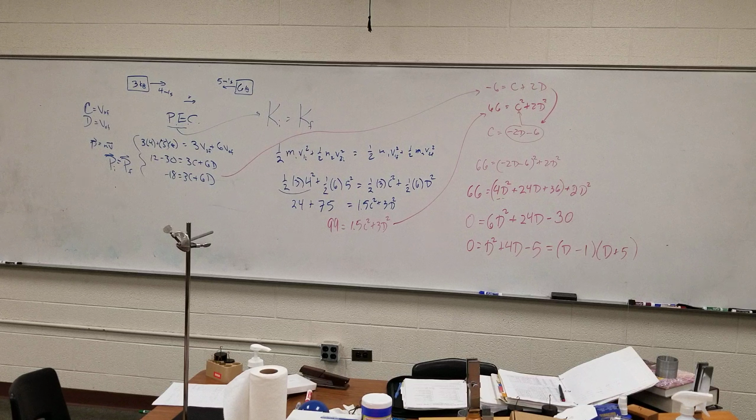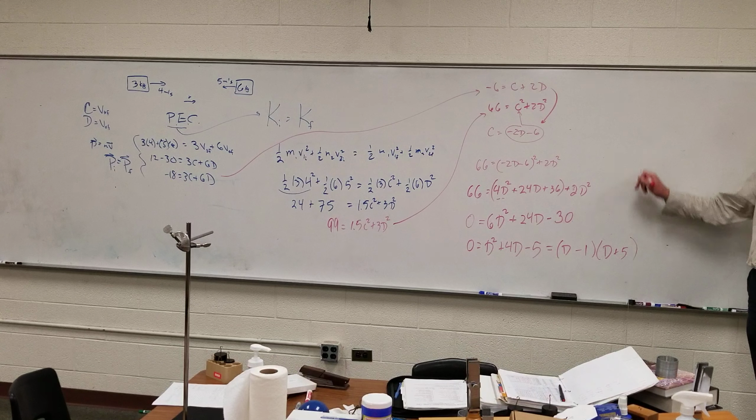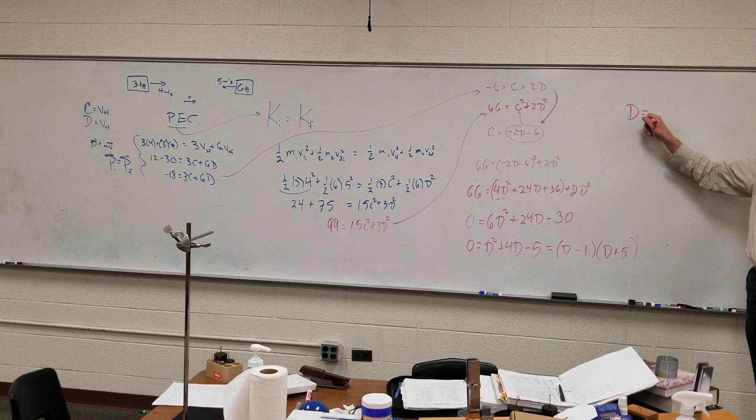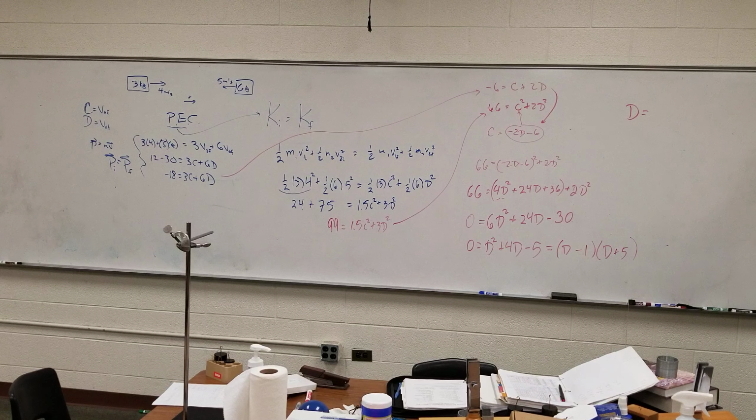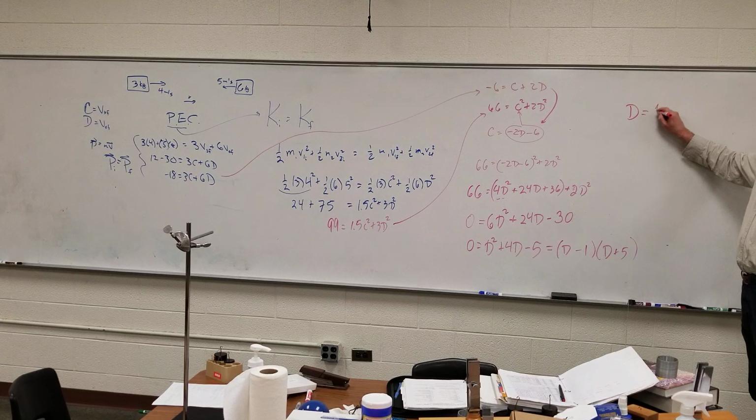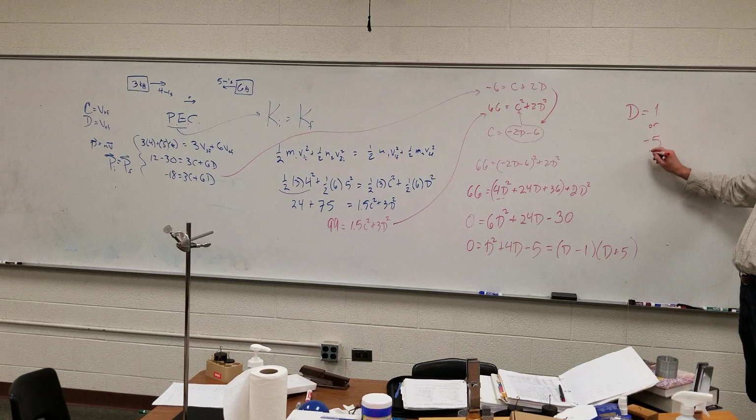That feels right. And so if D minus 1 times D plus 5 equals 0, what does D equal? Wait, why is it equal to 0? Oh, is it 1 or negative 5? Yeah. It is indeed 1 or negative 5.